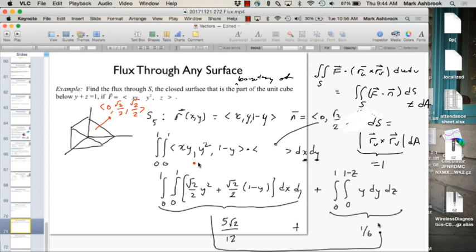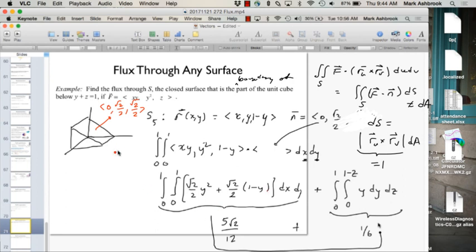And that's not right, because we also need the magnitude of r_u cross r_v in here. Okay, are you following me? So it's going to change this answer.